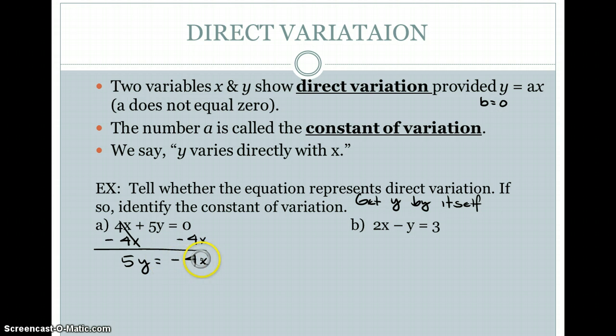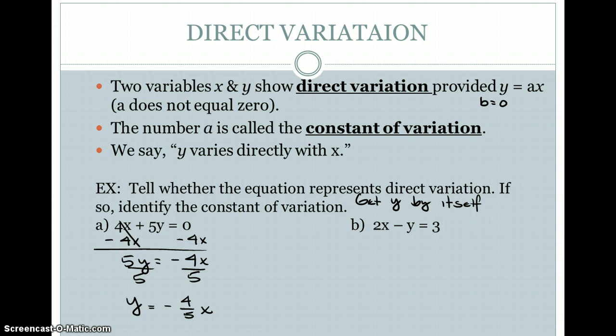Then, to get y by itself, I divide by 5. And I get y is equal to negative 4 over 5x.